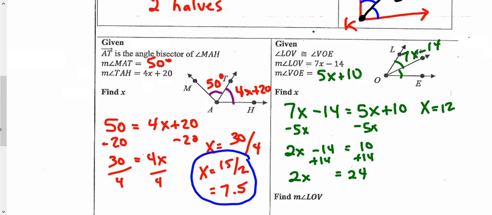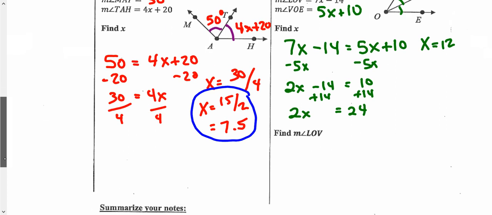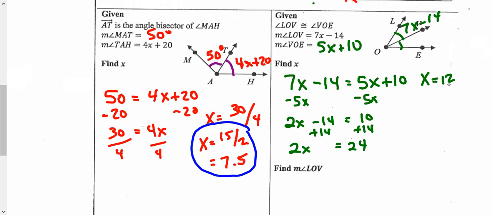And the next part is to find the measure of angle LOV. If I take that 12 and plug it in, so LOV was 7x minus 14, so I'll go 7 times 12 minus 14. 7 times 12, you can do that mentally, or you can use a calculator, that's fine. But we're going to end up getting 84 minus 14, which gives you 70 degrees.